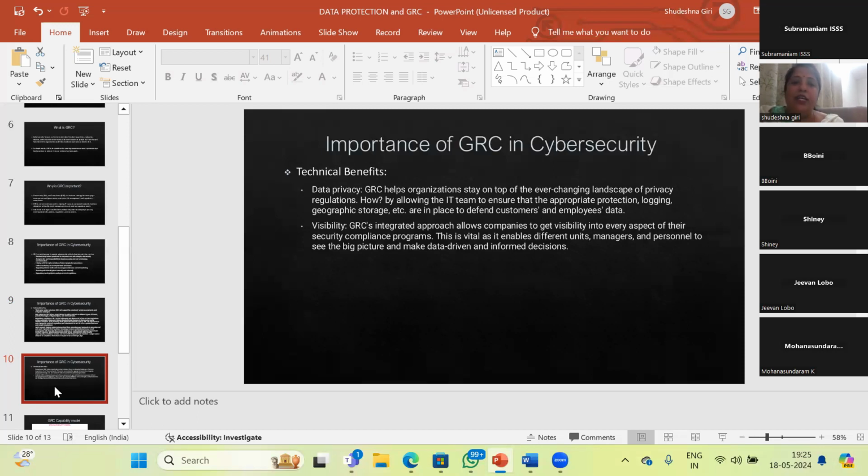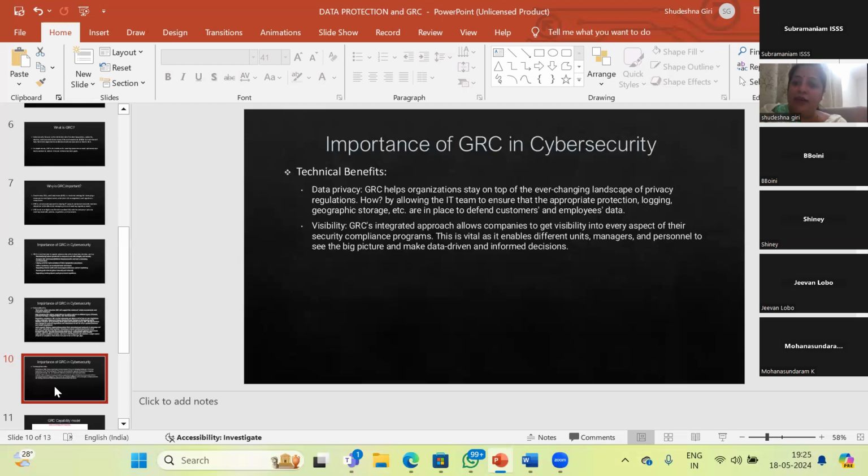Then visibility: GRC is an integrated approach that allows companies to get visibility into every aspect of their security compliance program. This is vital as it enables different unit managers and personnel to see the big picture and make data-driven and informed decisions. So GRC is very important in doing so.